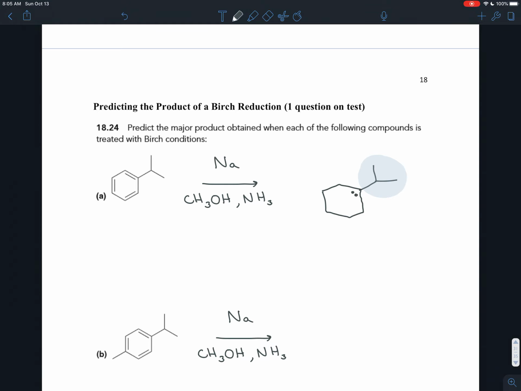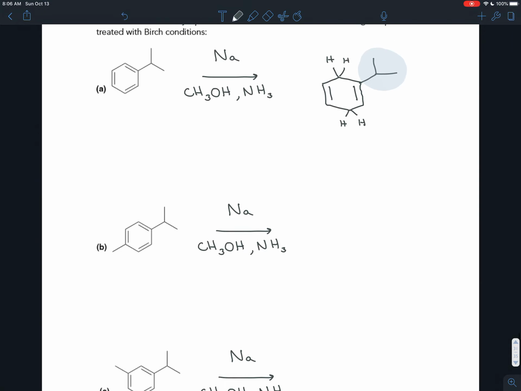If it's electron donating, then you'll never form that lone pair there, because it would be extra unstable if this is adding electrons in. You'll always form the lone pair right next door, and remember that lone pair turns into the extra hydrogen, and so you get the pi bonds there and the hydrogens on opposite sides. So that's your product for that Birch reduction.